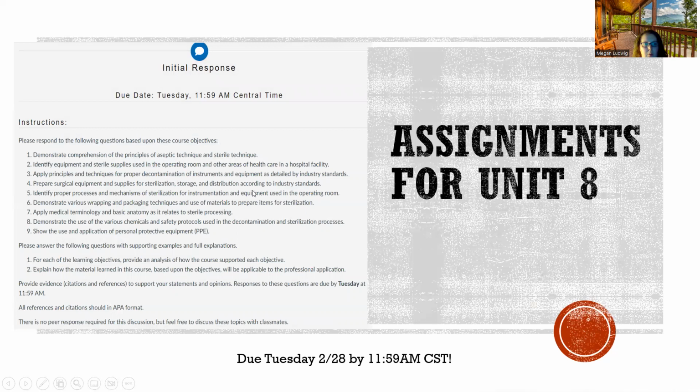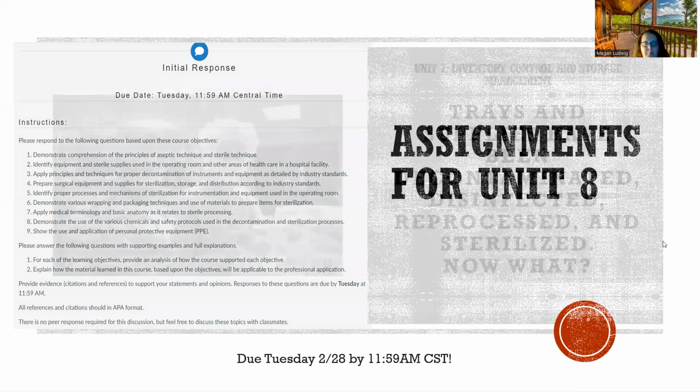So make sure that you read each of these instructions, these writing prompts, okay? And make it detailed. That way you get full credit. So these are due Tuesday by 11:59 a.m. Central Time, okay? So watch that deadline. That one's going to come up quick. It's not like a normal week.